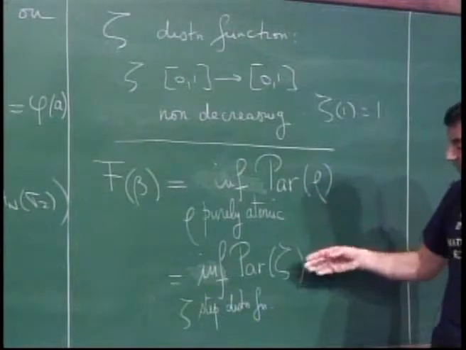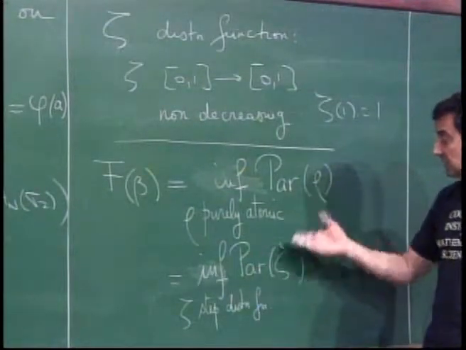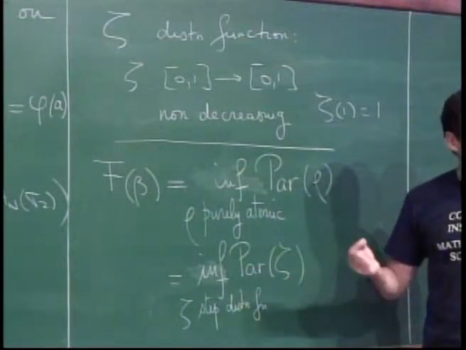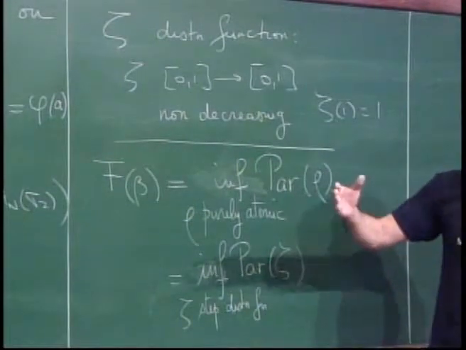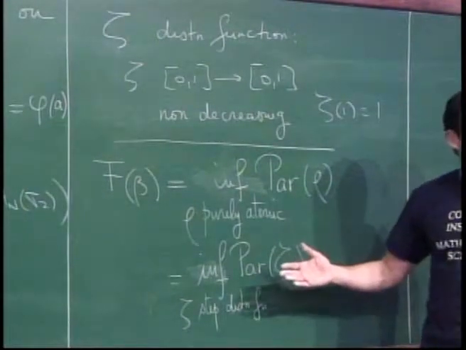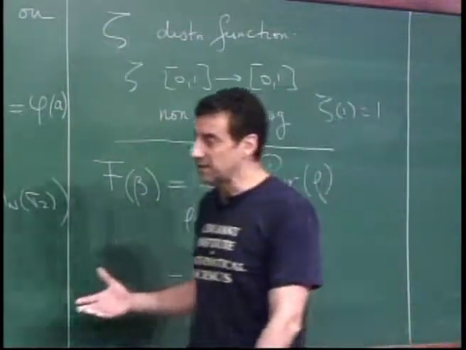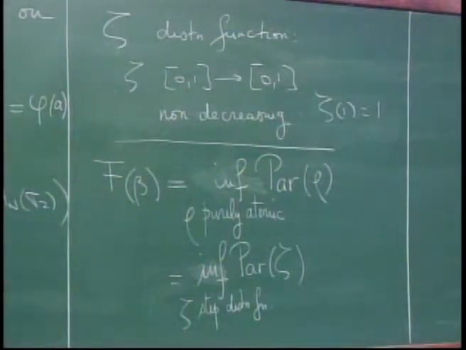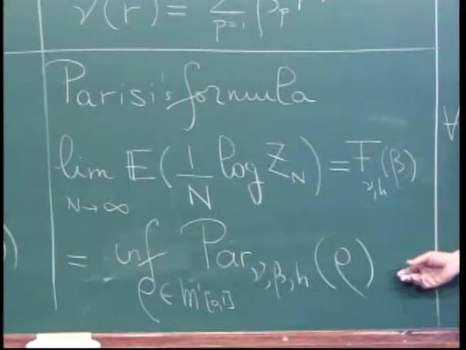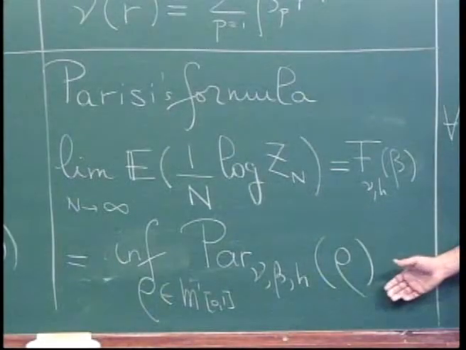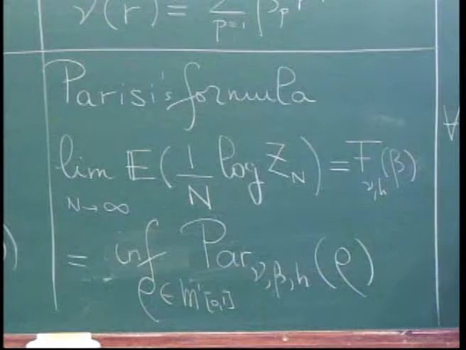So I will first describe this definition of this Parisi function on a step function. Then, in fact, most of the theory today is done with this. You don't really need to extend this Parisi functional to all possible distributions or all possible probability measures. But you can, right? It's not necessarily needed.